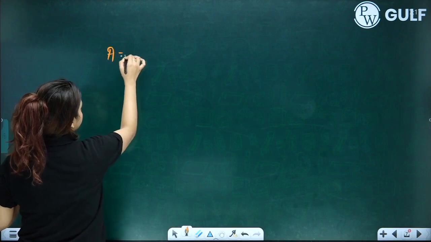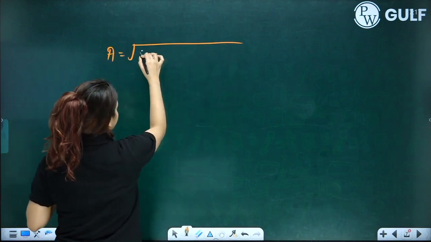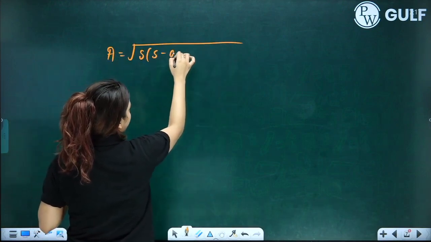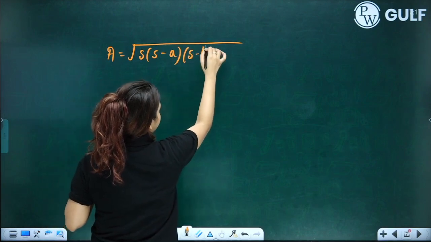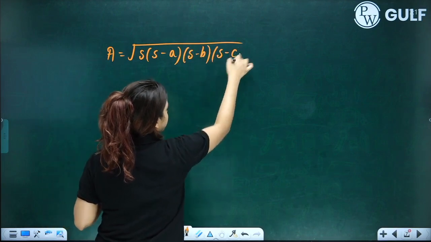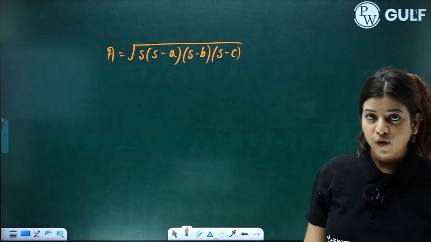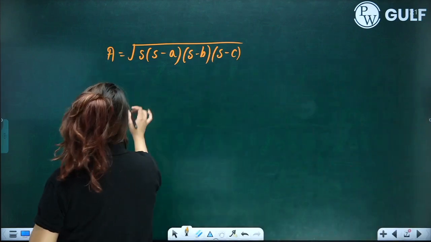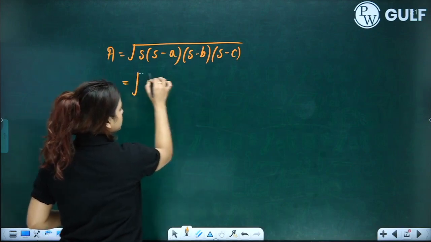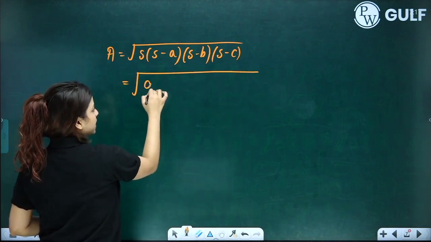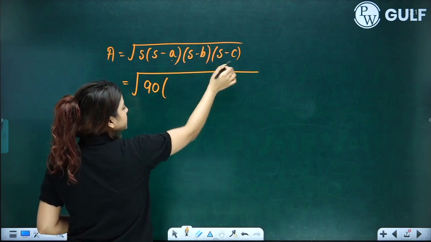Your area will be simply equal to the under root of S minus A, S minus B and S minus C. These are the three different sides that are available for us to calculate the area. Now let us substitute the values, students. Under root of semi-perimeter, that is 90, and A, B and C are all 60.